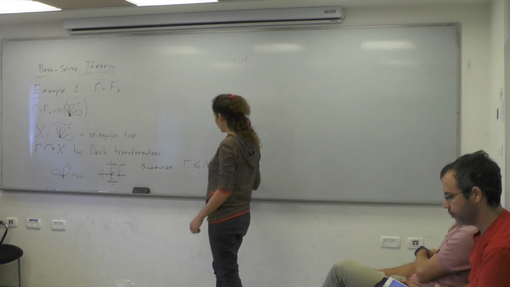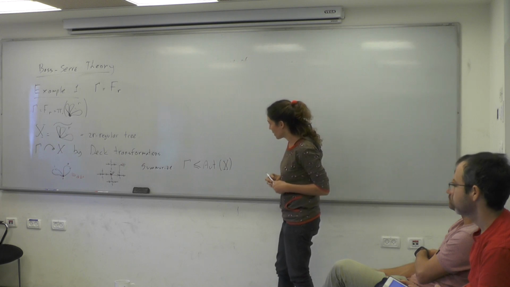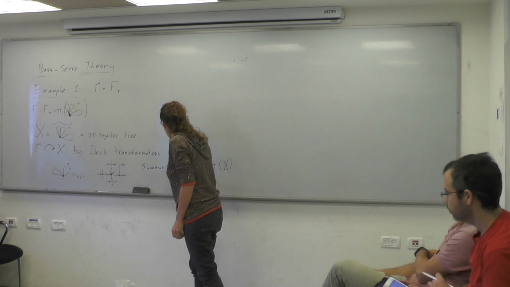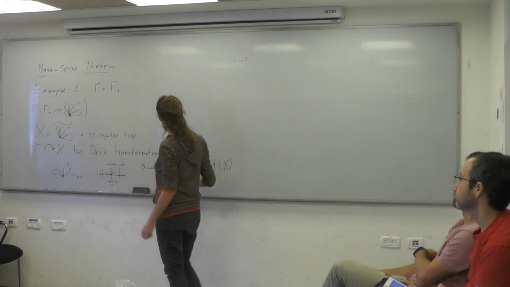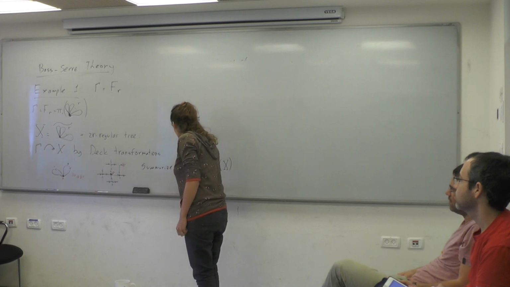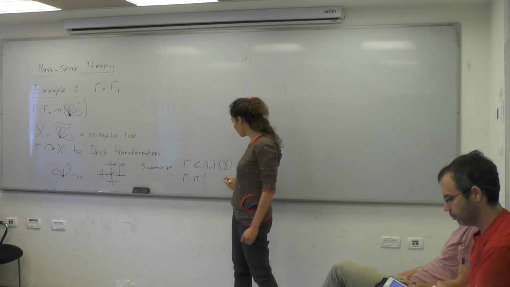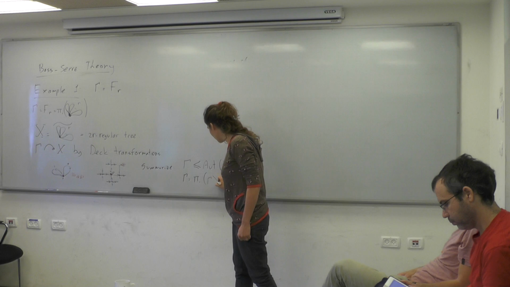It acts faithfully, so it really is a subgroup. What else can we say? That we can think of gamma as pi 1 of this, so now instead of writing bouquet of circles, let me state it as gamma mod X.